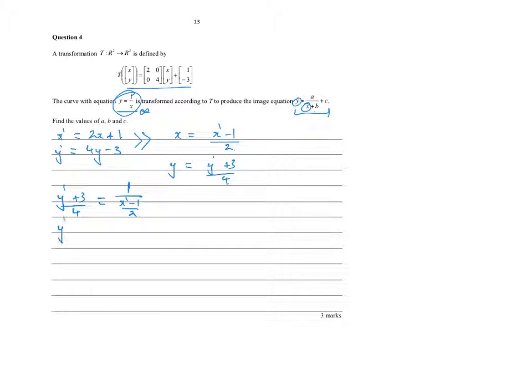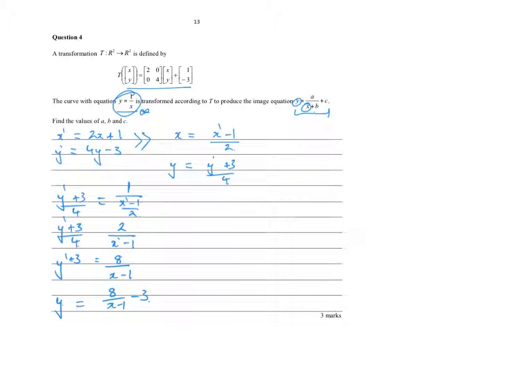So let's just keep that here for now. I'm going to flip the other side upside down because I'm dividing by a fraction. Multiply 4 across. 2 times 4 is 8 over x minus 1. I can leave the dashes. So y is equal to 8 over x minus 1 minus 3.